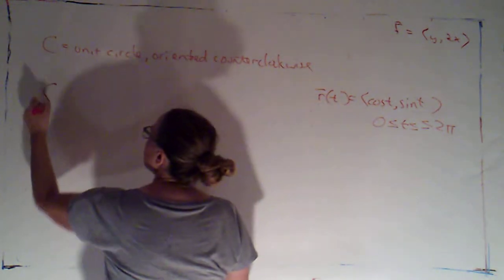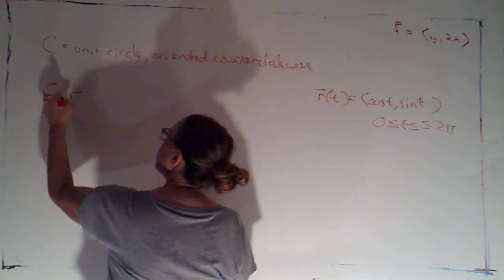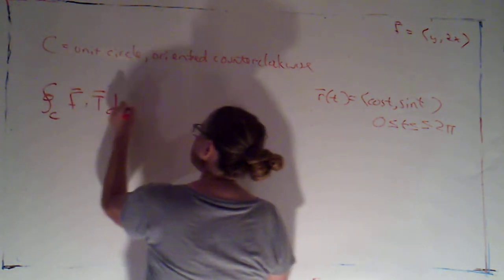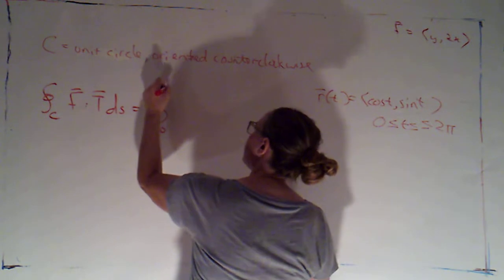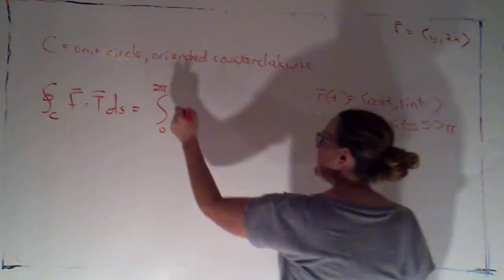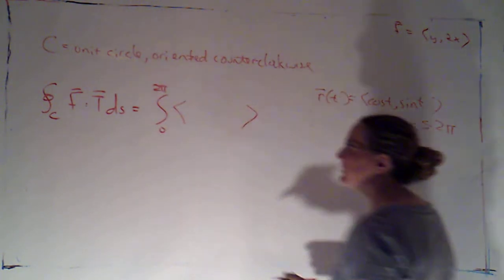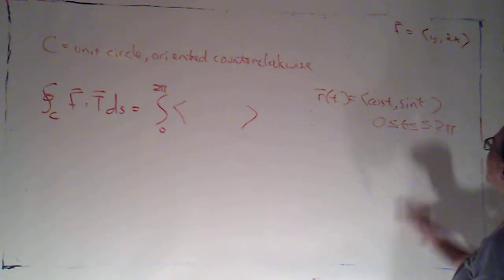So if I integrate along C, f dotted with T ds, that's going to be the integral from 0 to 2 pi. I need to take my vector field and write it in terms of r of t.